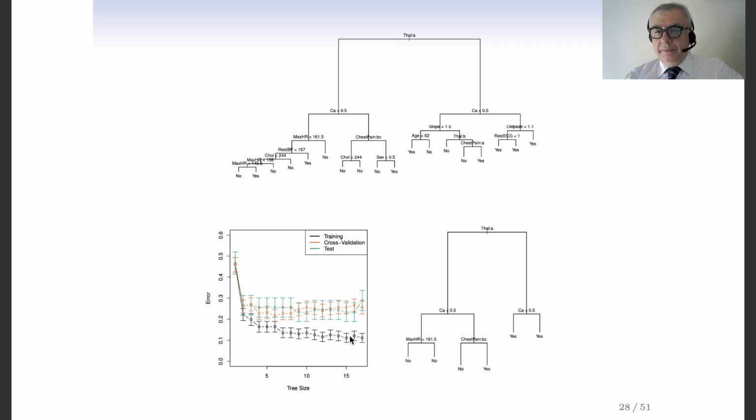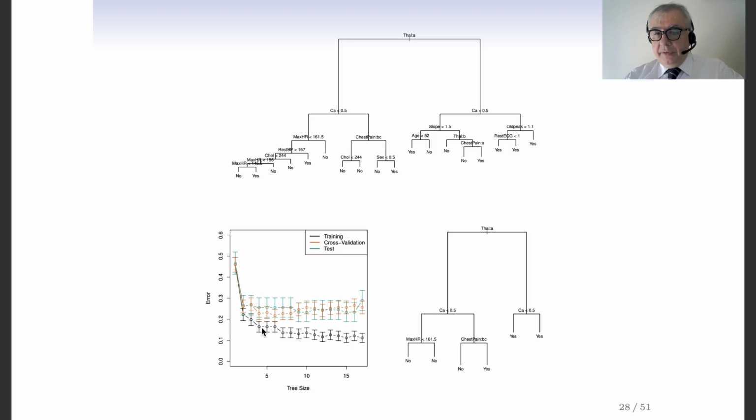So once you have trained your tree of some complexity, then its error on training data was computed on the folds used for cross-validation. In this way, by computing on the folds used for cross-validation, you can have a measure of variability, and this is how you can put error bars here.